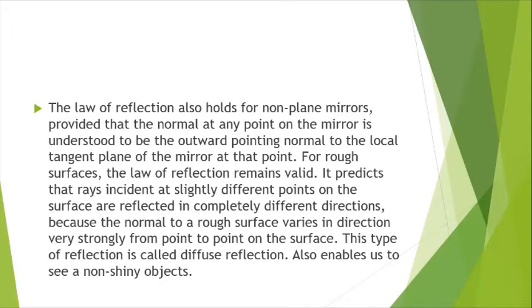Then the law of reflection remains valid also, but it can predict that rays incident at slightly different points on the surface are reflected in completely different directions. Okay, ganun yung effect. Kasi, or because the normal to a rough surface varies in direction very strongly from point to point on the surface. Okay, that's why the reflection is called diffuse reflection.